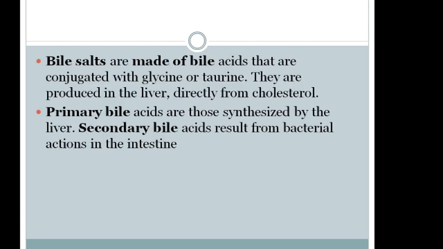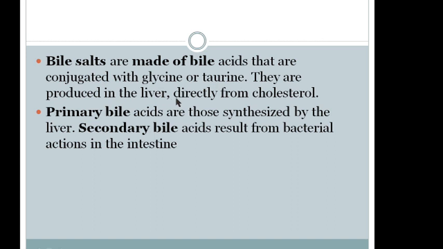Okay, so bile salts are made up of bile acids that are conjugated with glycine or taurine. When the bile acid in the liver is conjugated with sodium and potassium, it will convert into the bile salt, that is sodium glycocholate or sodium taurocholate or potassium glycocholate or potassium taurocholate.